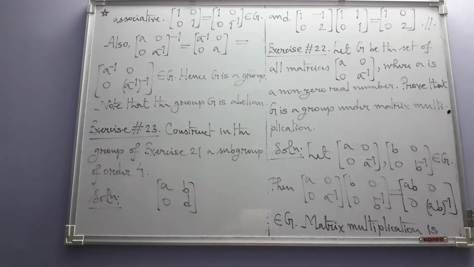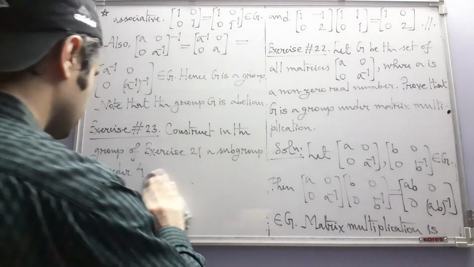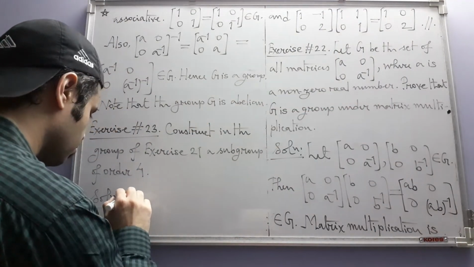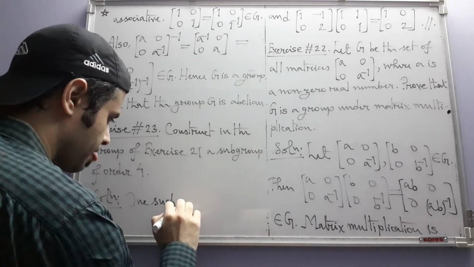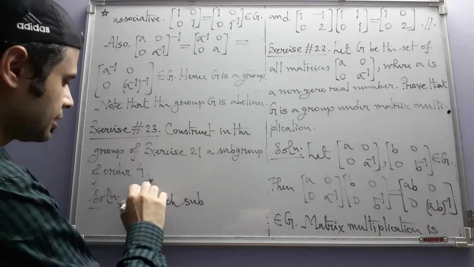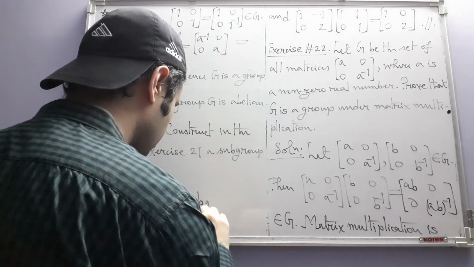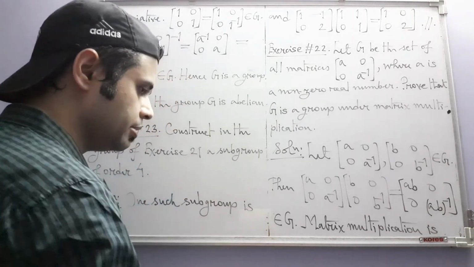It should have only 4 elements. That can be done, and we will just simply write the set. One such subgroup, the original group is infinite, however the subgroup is finite, is this.